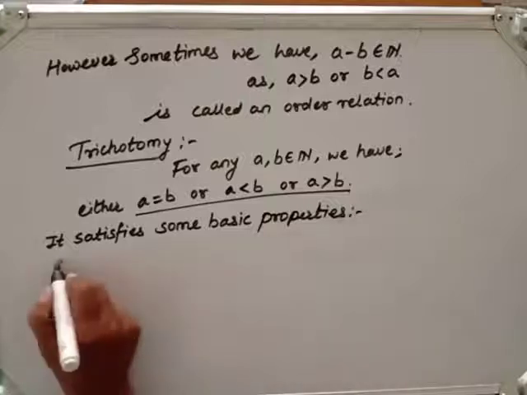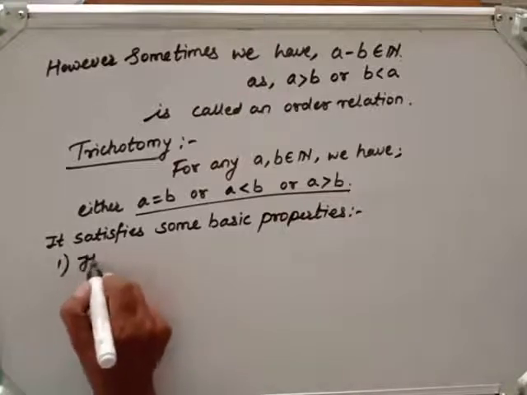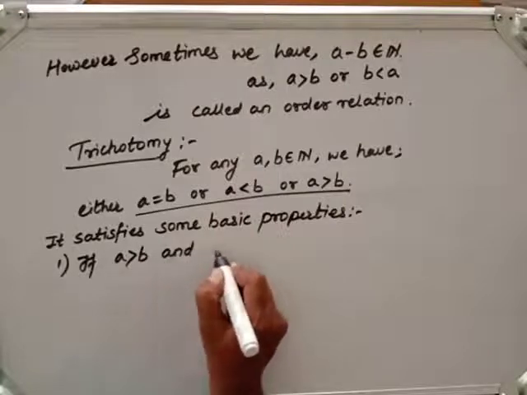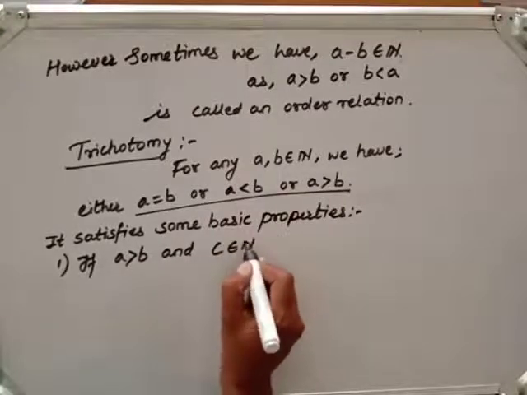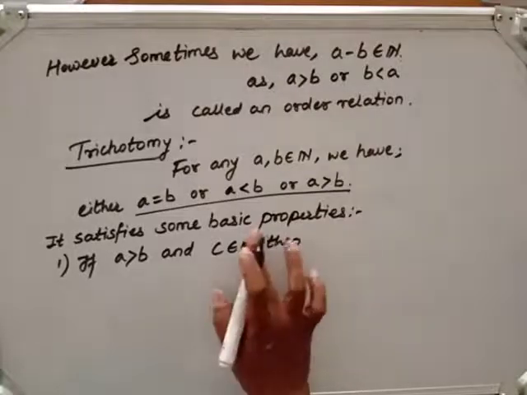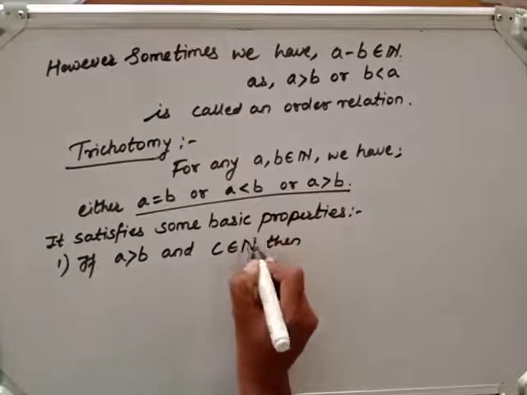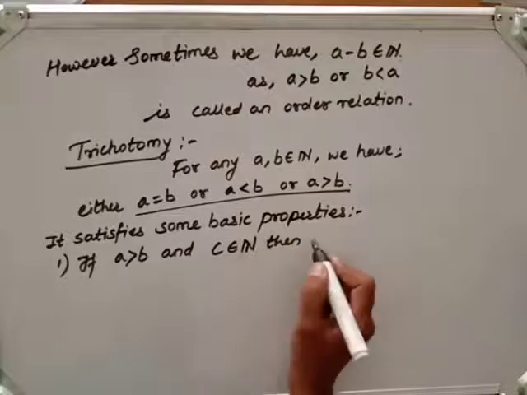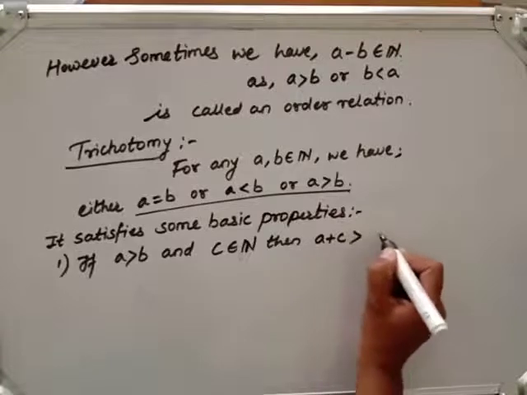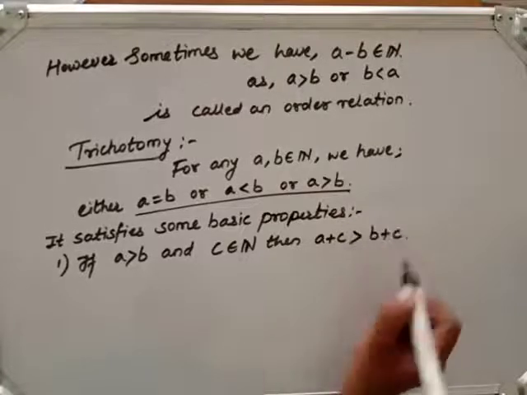The first one: suppose a is greater than b and c belongs to the set of natural numbers. Then a plus c must be greater than b plus c.